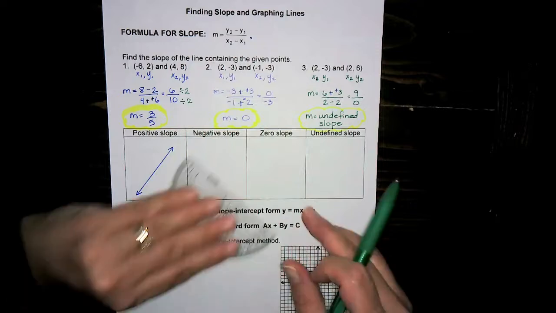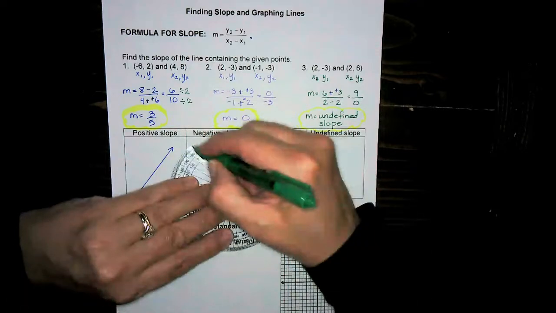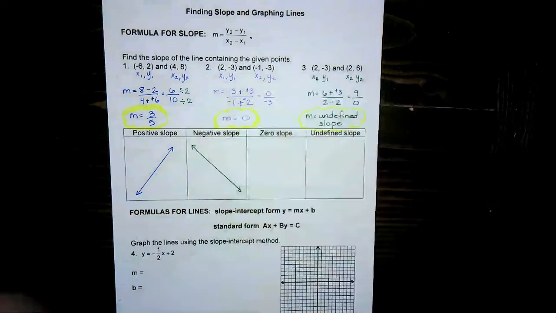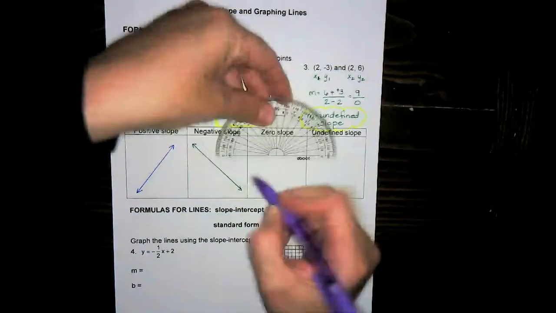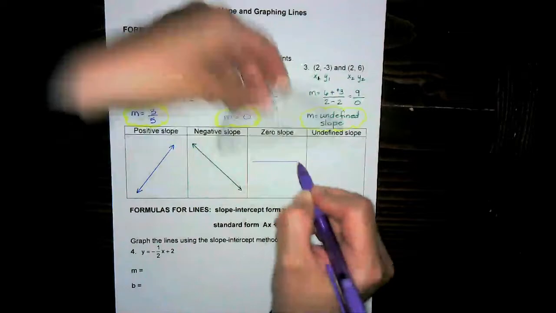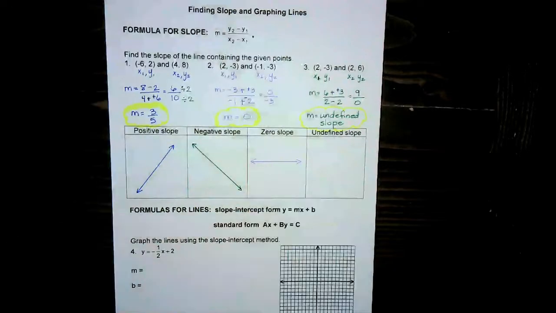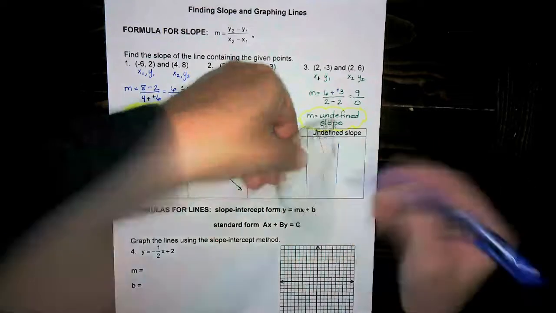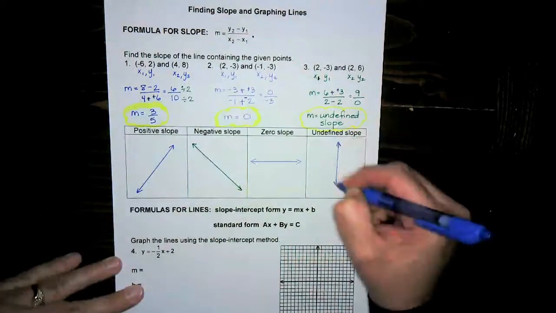Negative slopes then lean to the left. Zero slopes are horizontal. And undefined slopes, you might guess, are vertical.